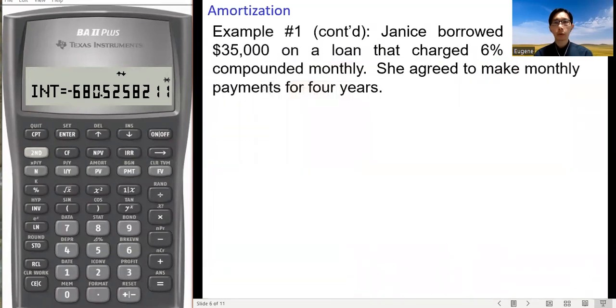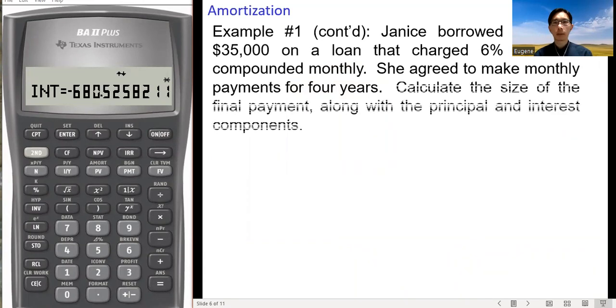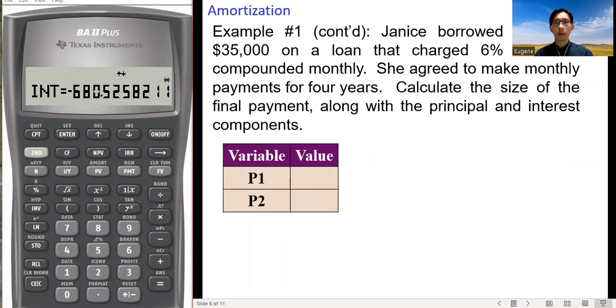What if we want to know the size of the final payment? Calculate the size of the final payment along with the principal and interest component. What is the payment number regarding the last payment? Monthly payments for 4 years, so the last payment corresponds to payment number 48.